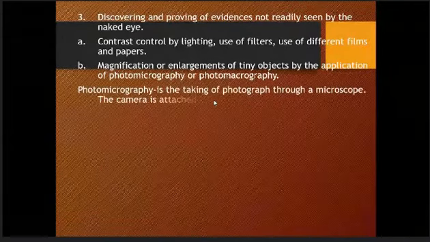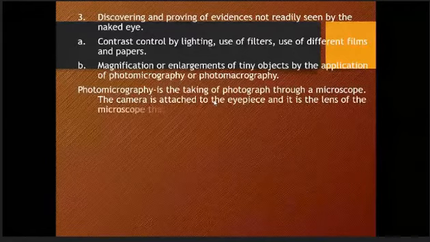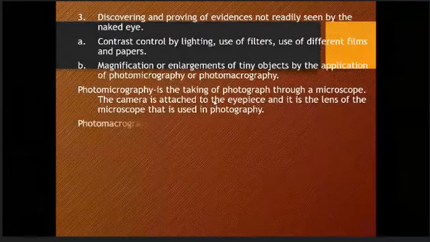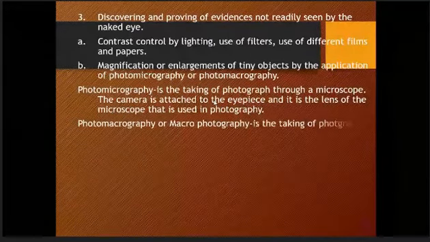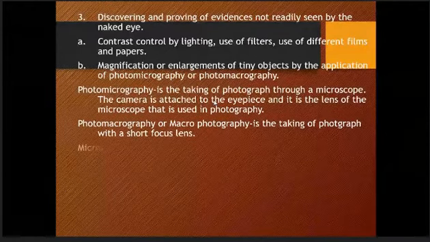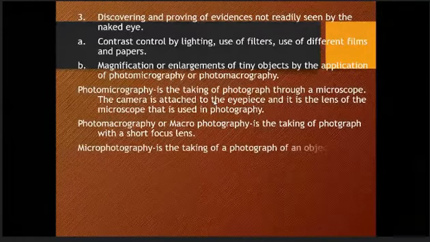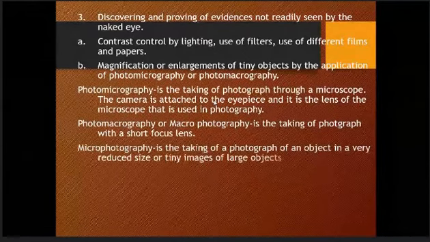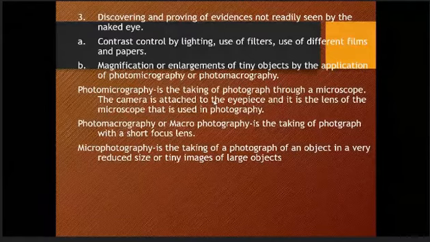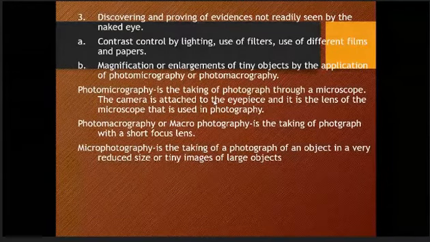Photomicrography is the taking of photograph with the use of microscope, wherein the camera is attached to the subject. Then we have photomacro or macro photography, taking of photograph with short focus lens. Then micro photography, taking of photograph of an object in very reduced size, or tiny images of the large object.